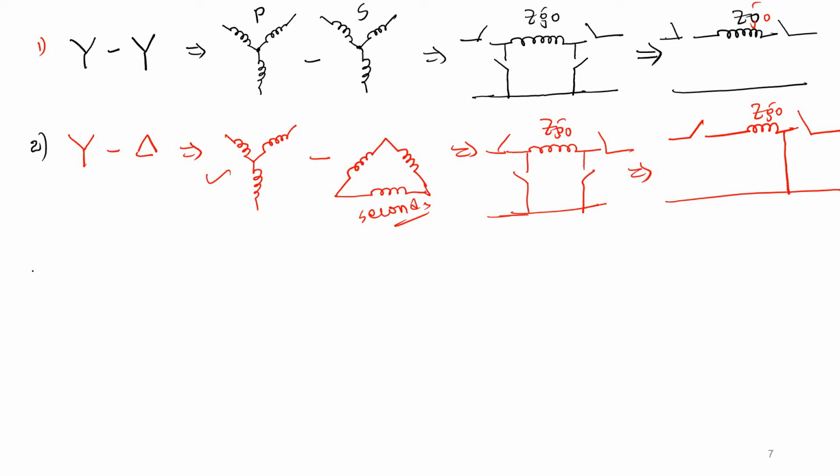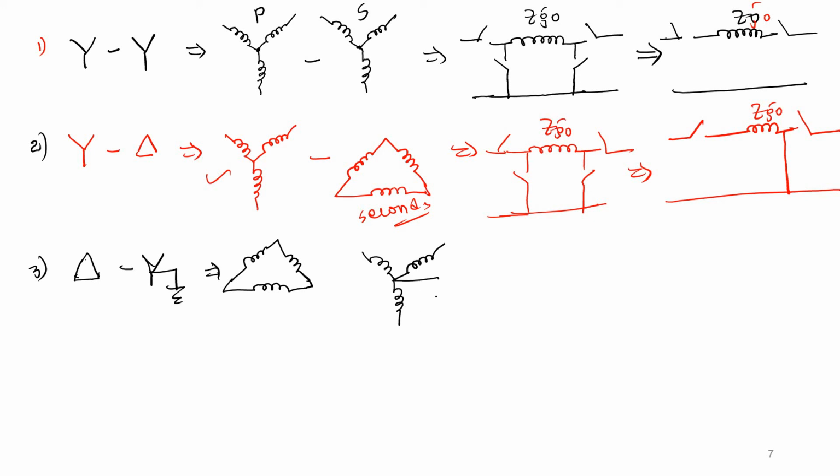Now the third connection, let us consider delta and star with solidly grounded. You can represent the reactance diagram by placing the branches of the delta and star. So the reactance diagram will be formed. Now what is the zero sequence network? The Z0 you can represent directly, with no need for the generalized circuit.